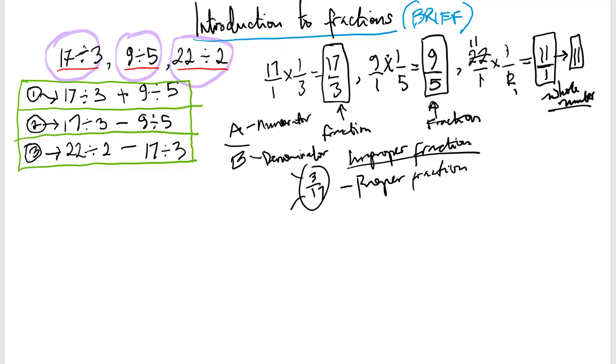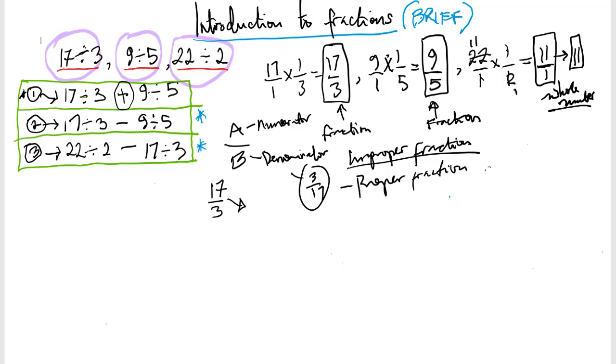So to convert this to a proper fraction, 17 over 3, sorry, to a proper fraction, you now do the division. Let's divide 17 by 3, and let's convert it to a proper fraction that has whole numbers and fractions, numerator and denominator.